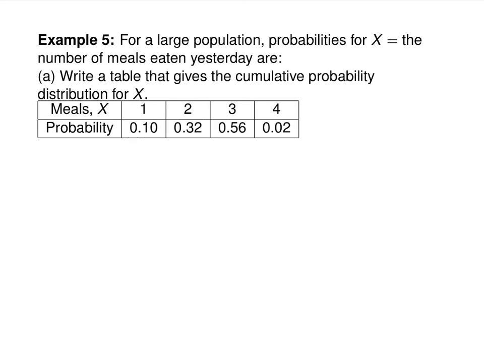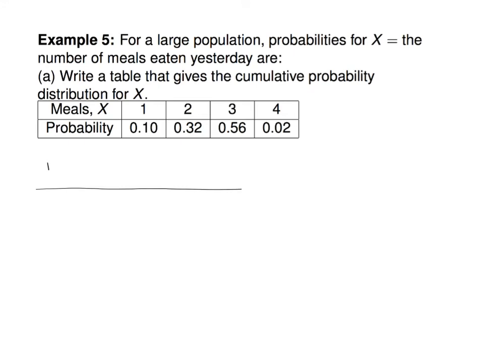So for a large population, the probabilities for x, which is equal to the number of meals eaten yesterday, are given by this table. And we want to write a table that gives the cumulative probability distribution for x, or the CDF. So we're looking for a table that tells us the probability that x is less than or equal to 1, x is less than or equal to 2, etc. So here's how I'm going to do it.